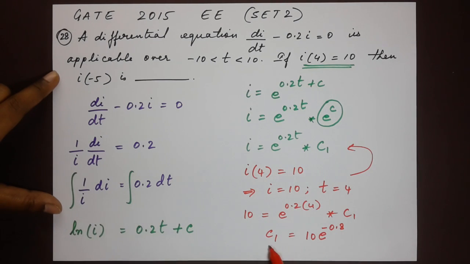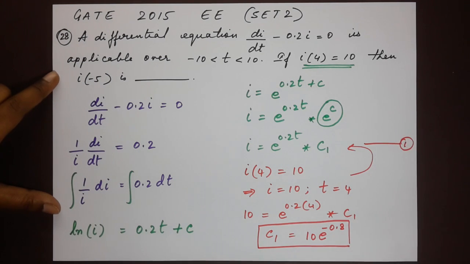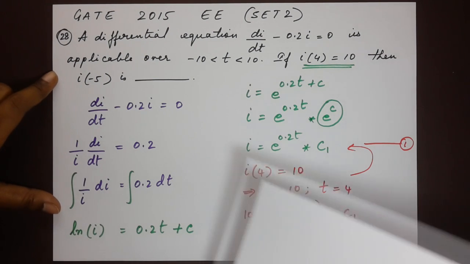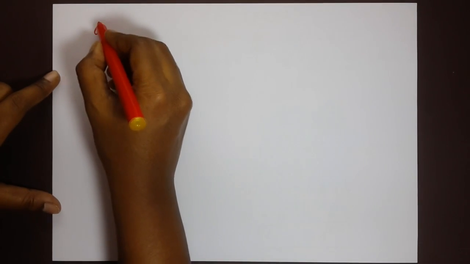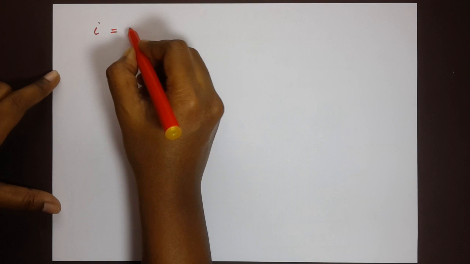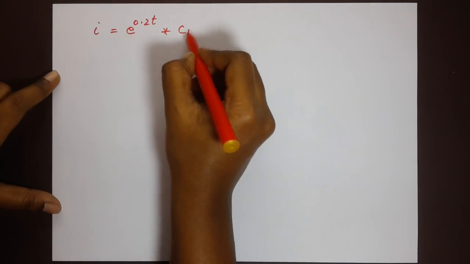Now that we have the value for c1, let's substitute this into the equation here. Let me just call this equation 1, that will be easier. So substituting the value of c1 into equation 1. Equation 1 is i equals e to the power 0.2t into c1.